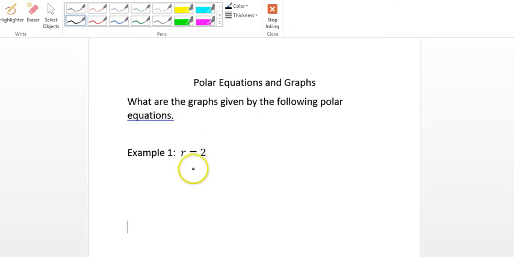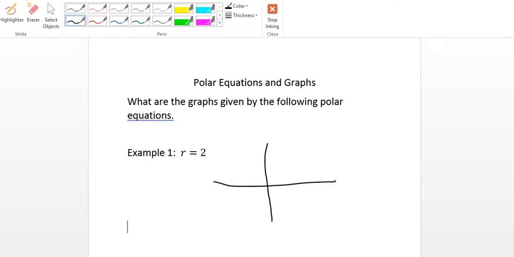So what does that really mean? If you think of it in a graphical way, let's try to draw the graph here. So theta can be anything.